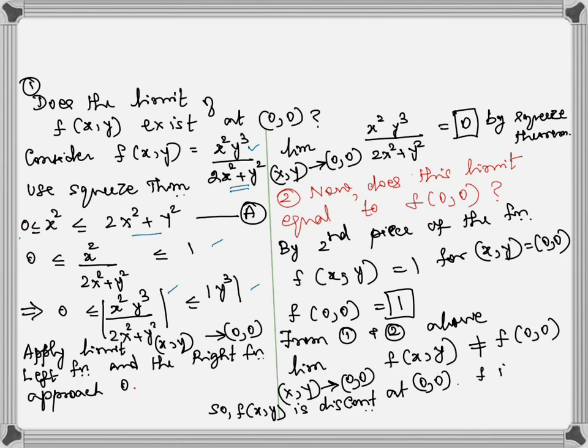So the question is, where is it continuous? We say that f is continuous at all (x, y) except at the origin, (x, y) not equal to (0, 0). Hope this video helps.